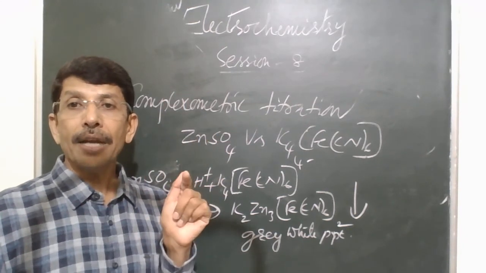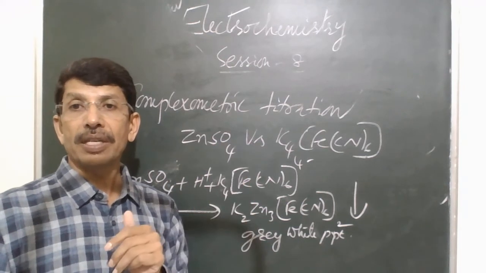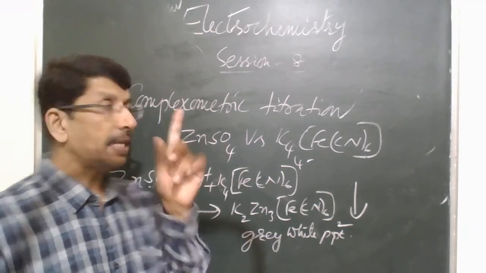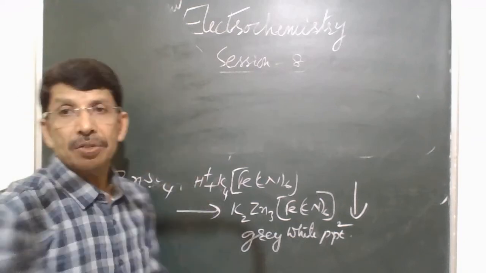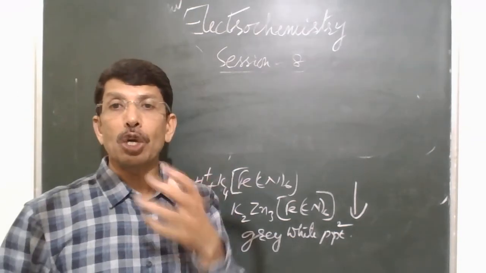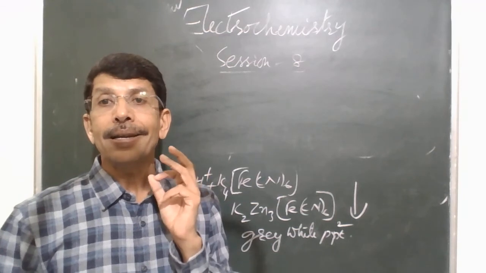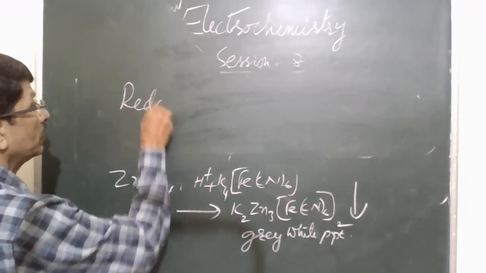The indicator electrode should be so chosen that with the change in concentration of ferrocyanide ions, there is change in EMF of the cell. So in order to achieve this in a cell with calomel electrode, which indicator electrode should be taken? We take a redox electrode.